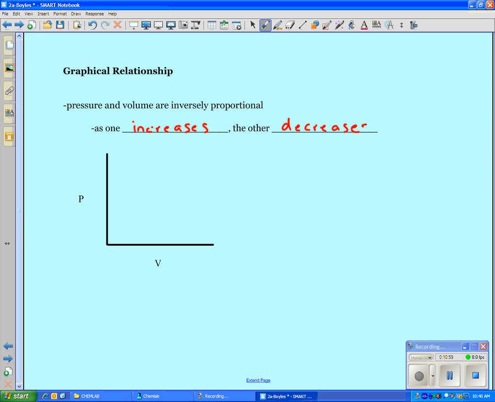What that looks like on the graph, if we plotted pressure and volume, would be a curve. So make sure you can recognize this relationship on a graph as an inverse relationship. As one goes up, the other goes down.